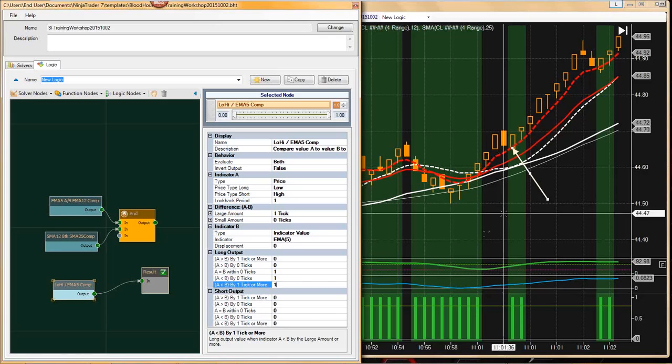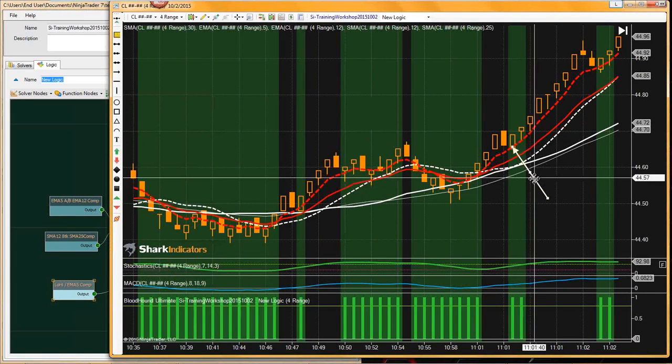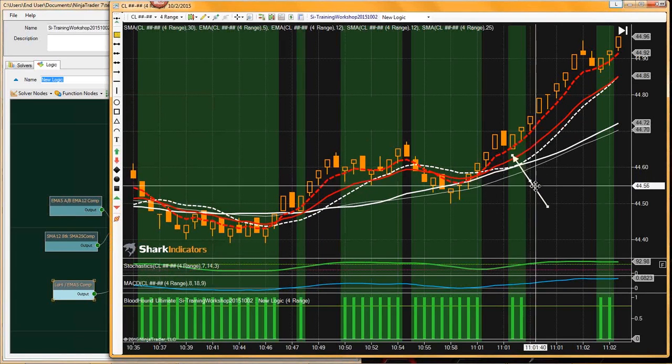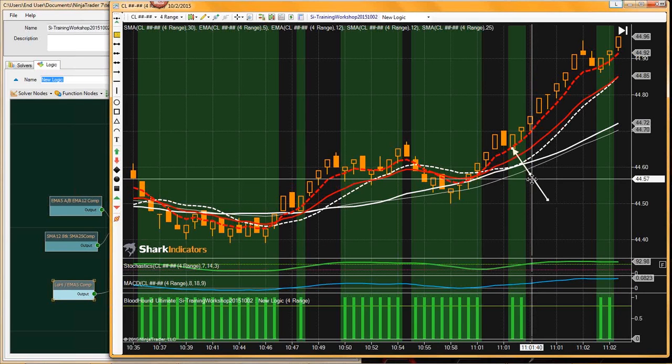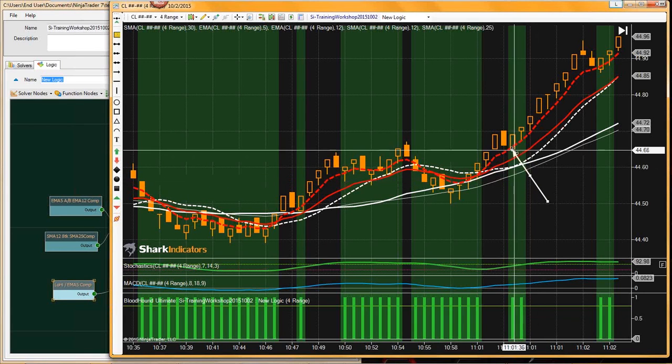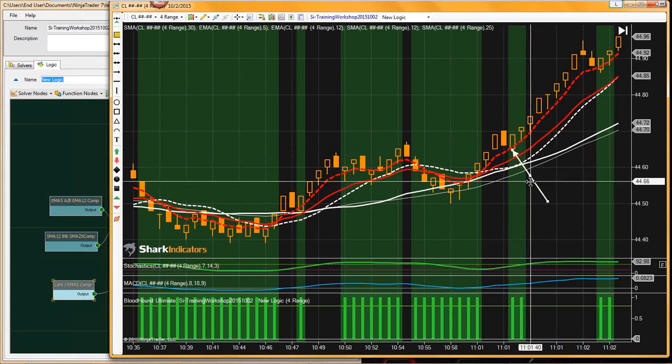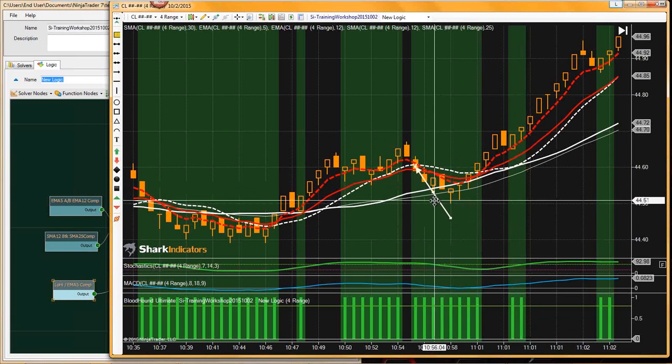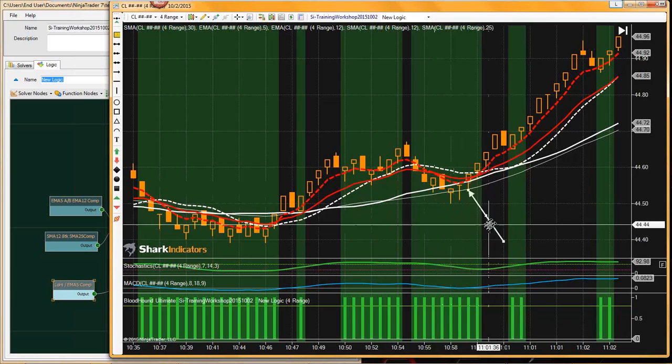So in other words, whenever the low price gets below our EMA 5, we want to generate a signal, because that is when the price comes back and touches that EMA 5. We're going to get some other outputs here as well.